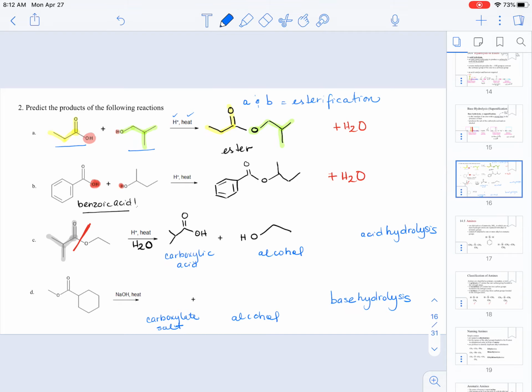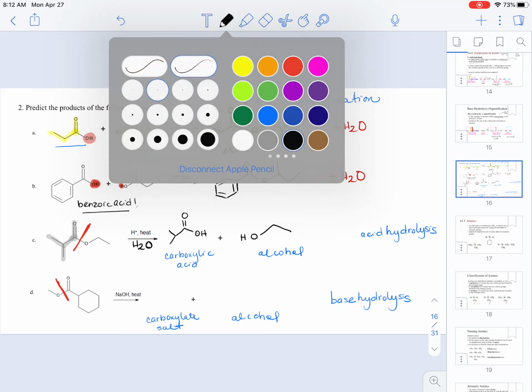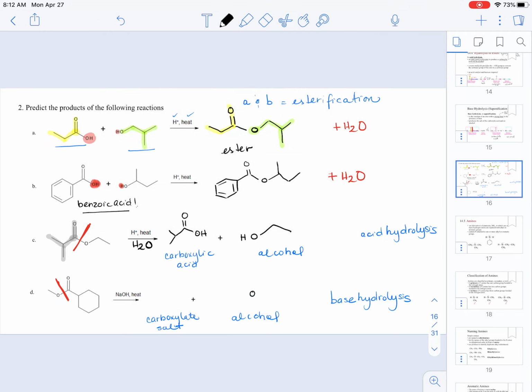When it comes to this, remember, we are going to be cutting the molecule in between the C double bond O and the single bond oxygen. So the alcohol is going to look like OH with a line. Remember that this is methanol.